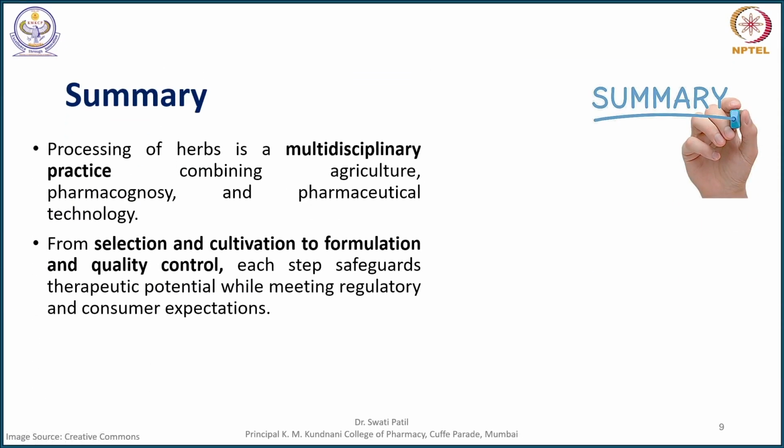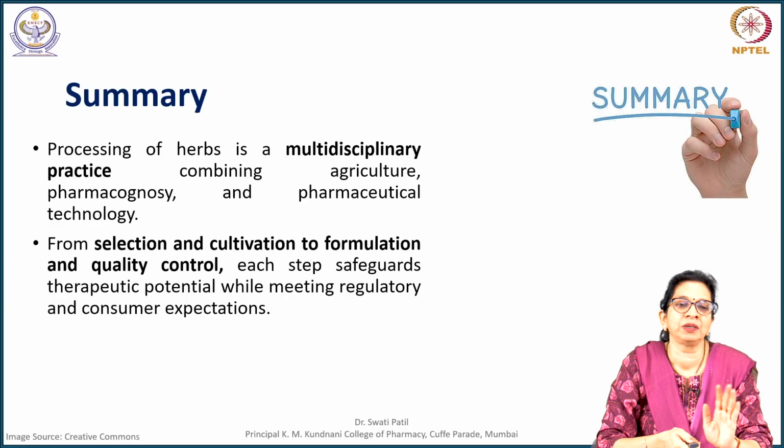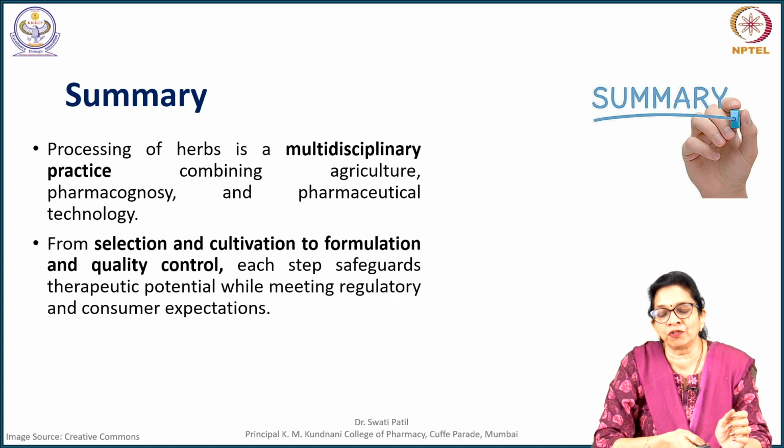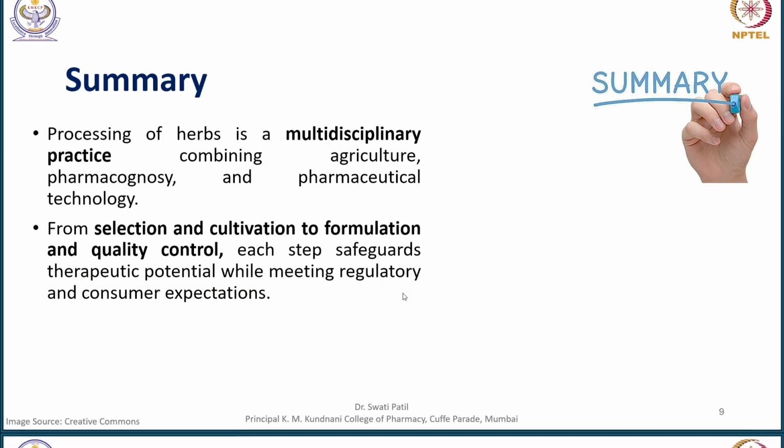So, processing of herbs is a multidisciplinary practice combining agriculture, pharmacognosy and pharmaceutical technology. From selection, authentication, cultivation to formulation and the final quality control, each step safeguards therapeutic potential while meeting regulatory and consumer expectations.